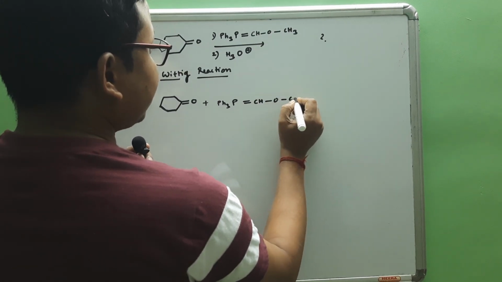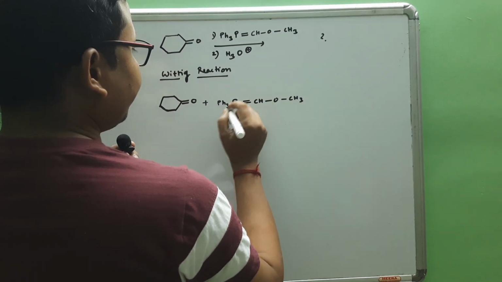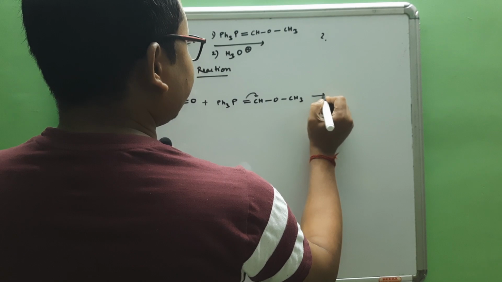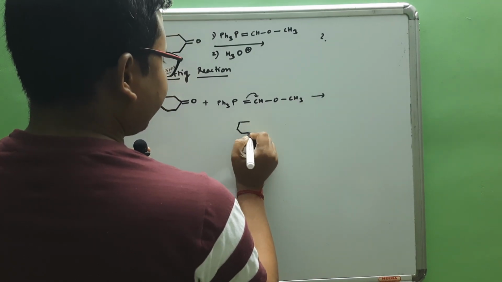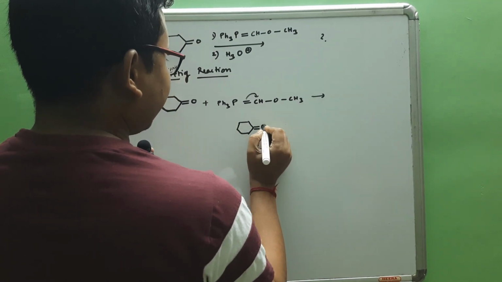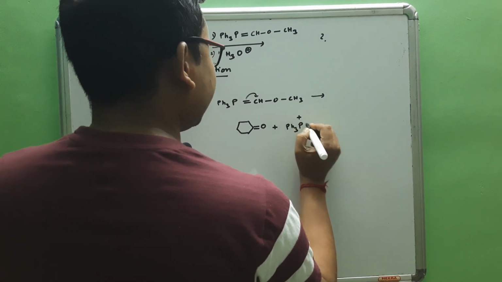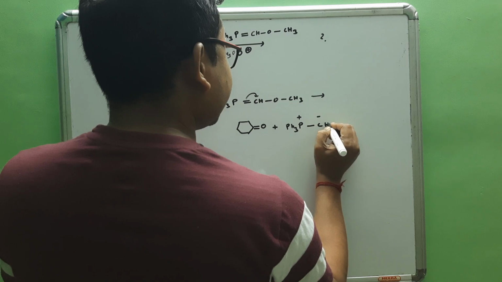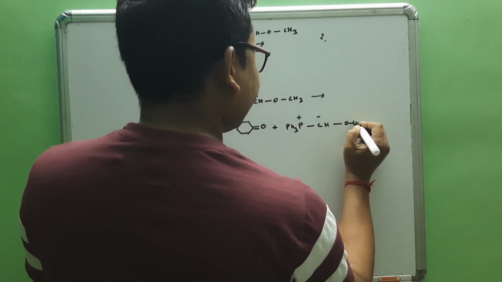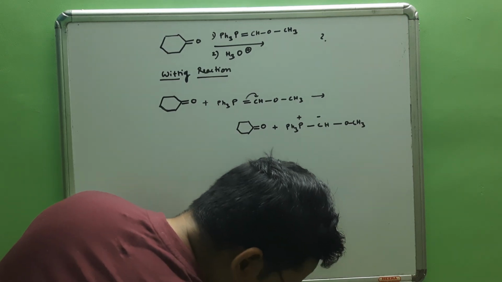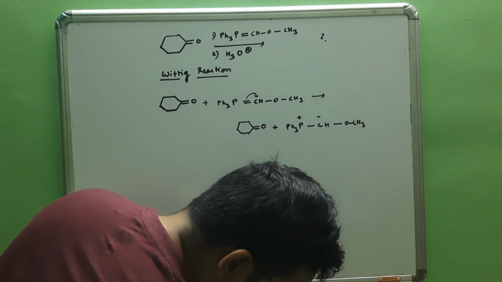this is an aldehyde, and it gives the charge separated structure like this. So P plus, minus, OCH3, and this type of charge separated structure is called betaine.